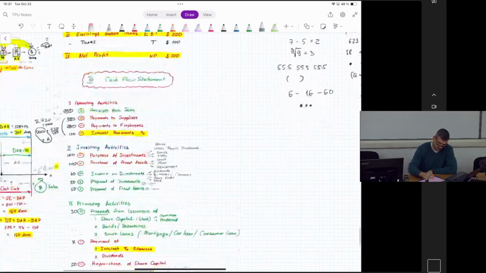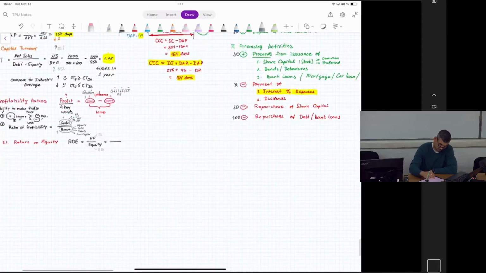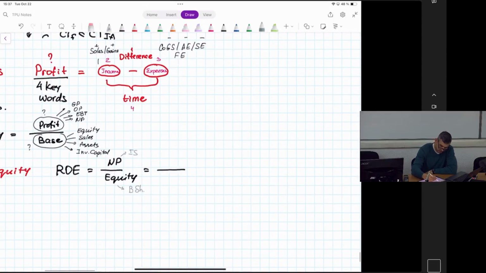Okay, so now we go back and put here 100 divided by 600. Zeros crossed out, 1 divided by 6. I need your help with the calculation. 0.166 and so on and so forth, right?